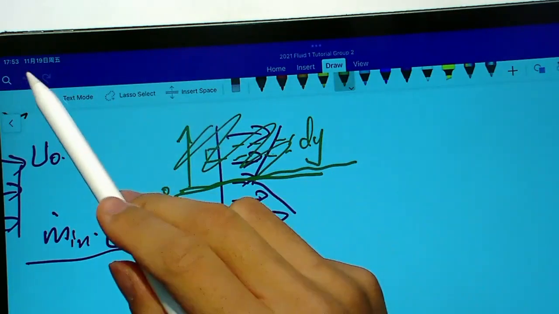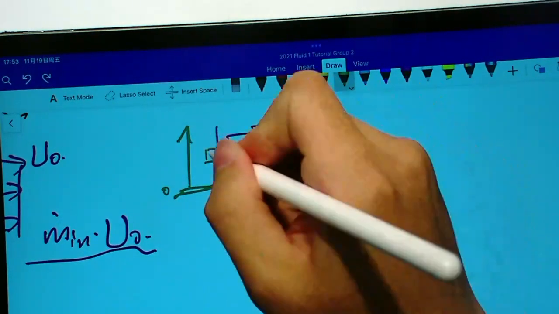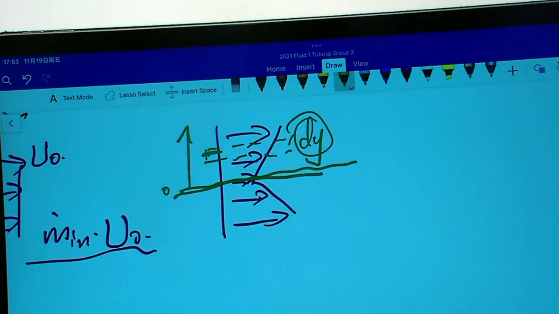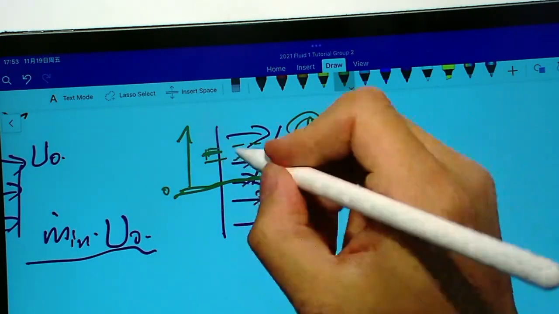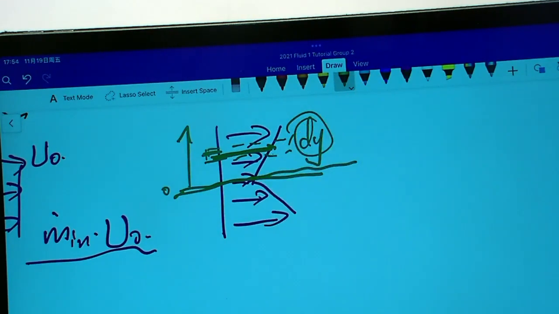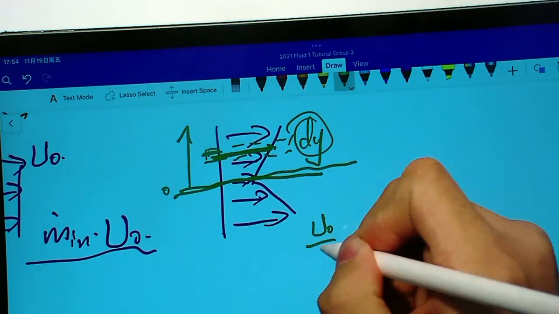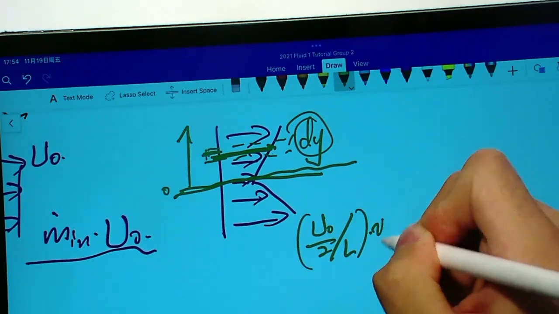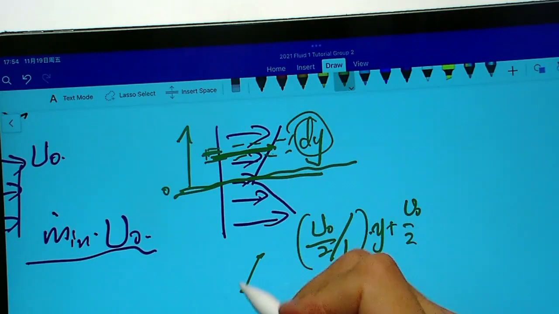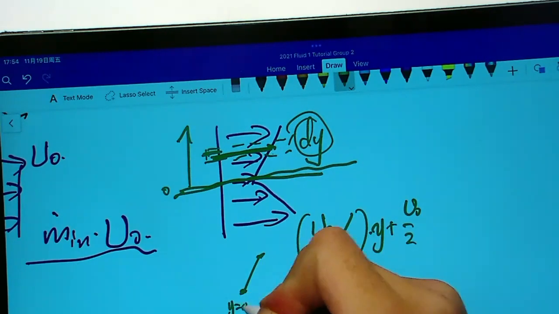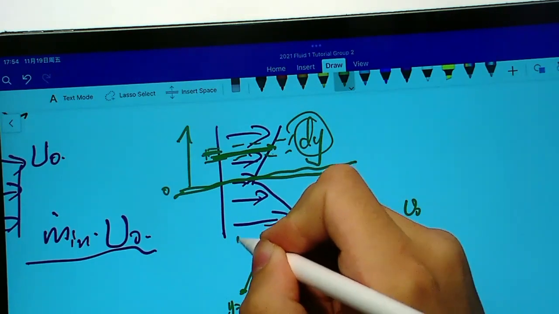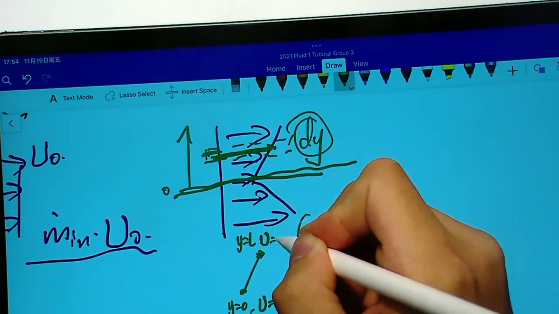All right. So for the top half, we find an arbitrary, very tiny dy. We first need to know the velocity at this point. As we said, the velocity is half u over L times y plus half u0. Since this is linear, we have the point here as y equals 0, u equals half u0, and at this point y equals L and u equals u0.